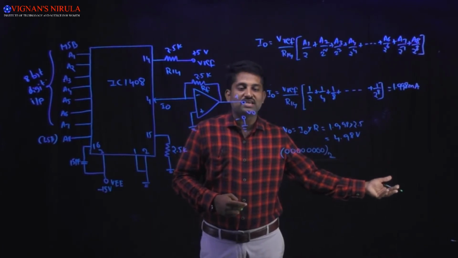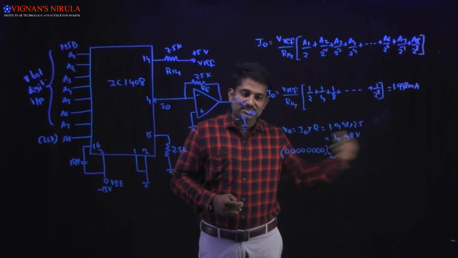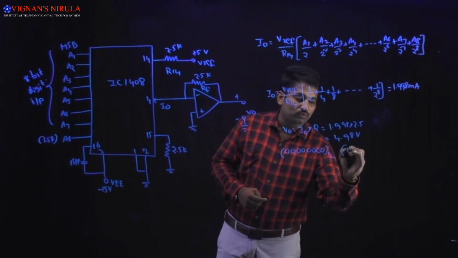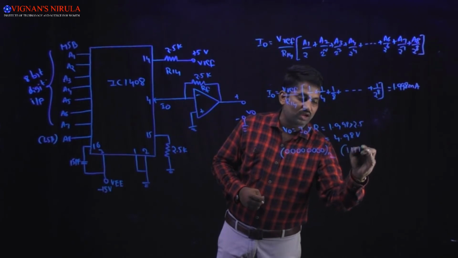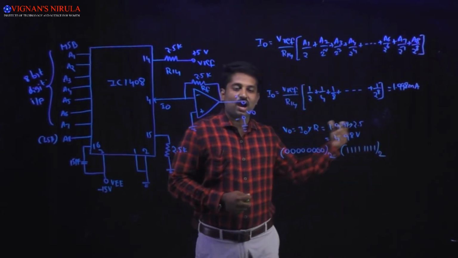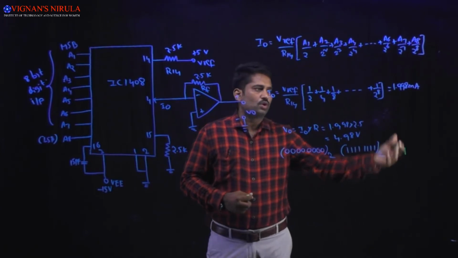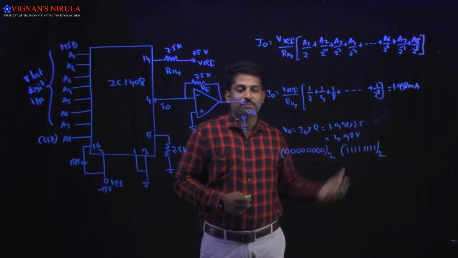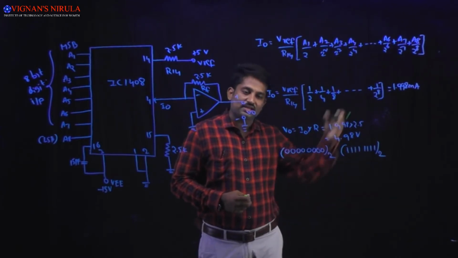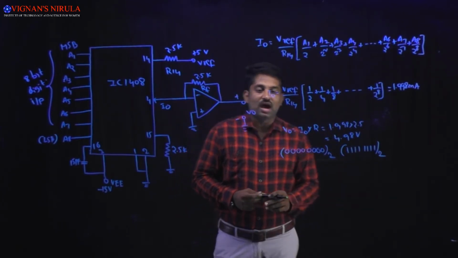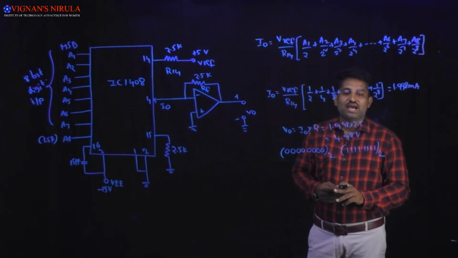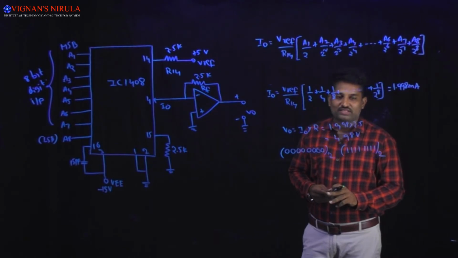That means IC1408 sinks 0 current. Similarly, whenever all the binary input values are equal to 1, the output current will be equal to 1.998 milliamperes. That means it sinks 1.998 milliamperes of current, and this current will be converted into voltage with the help of I to V converters.